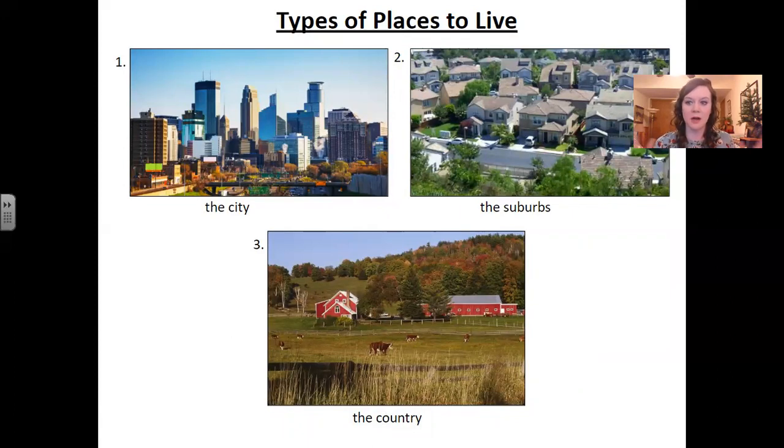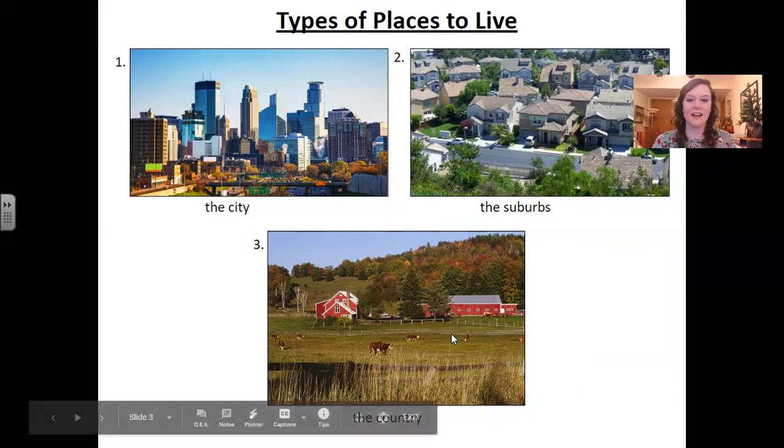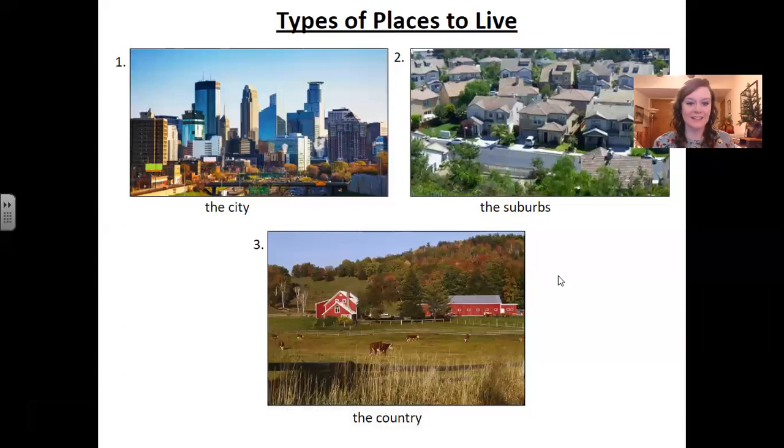Those are the smaller cities around the big cities. And then number three is the country. The country is away from the city. It's more quiet, not as much traffic, and maybe farms like this with animals. So we have the city, the suburbs, and the country.